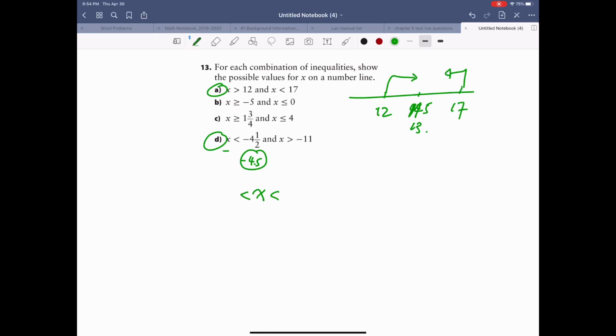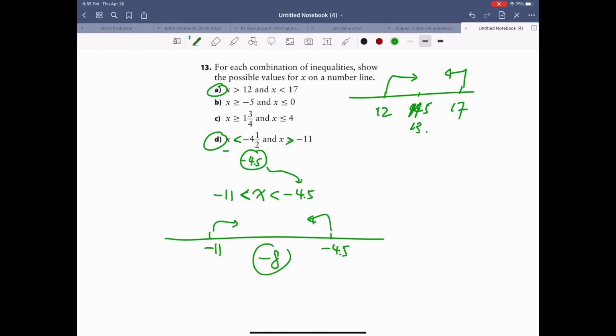So x is bigger than -11, and smaller than -4.5. On the number line you basically have -11, -4.5. Why do I write it this way though? Because x is smaller than that, so x is bigger than -11. Any number in between here should work. For example, -8 will work for x.